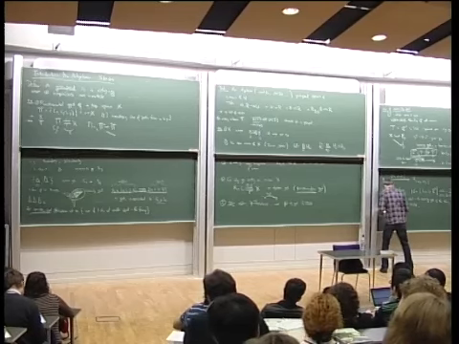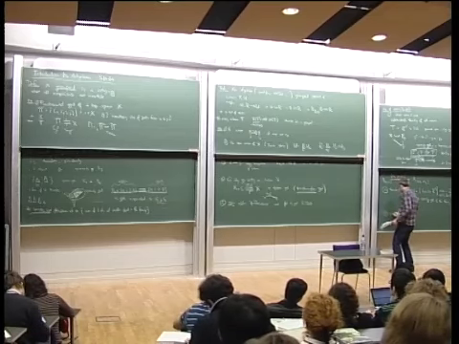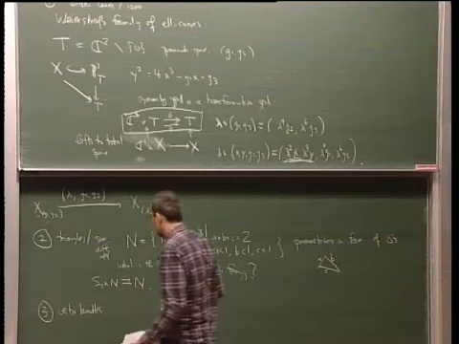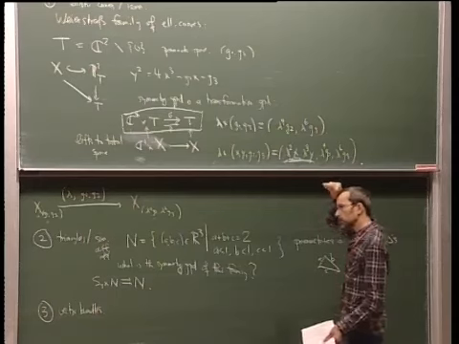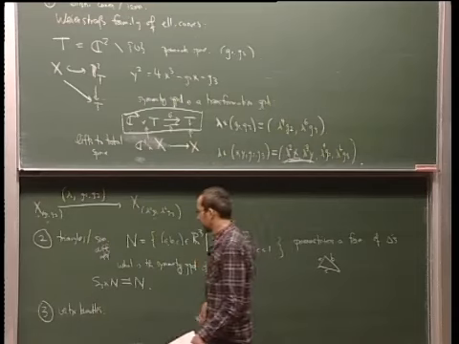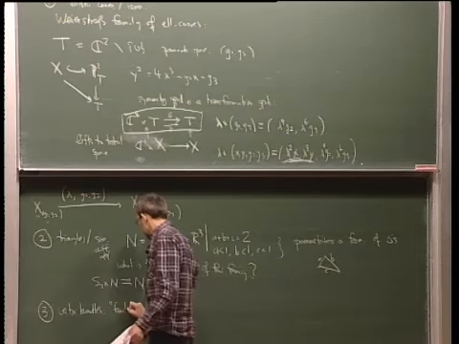Let's do another example. Vector bundles are a mathematical way of formalizing the notion of a family of vector spaces. So this is the same thing as a family of vector spaces.